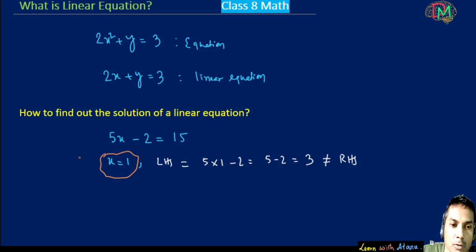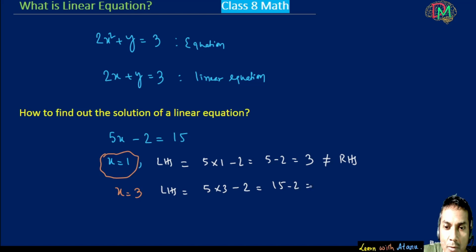Correct? So if you try 1, 2, 3, for example, if we put x is equal to 3, let's try whether it is a solution or not. So LHS is equal to, we put the value x is equal to 3, so 5 into 3 minus 2. Again it will be 15 minus 2, so 12.